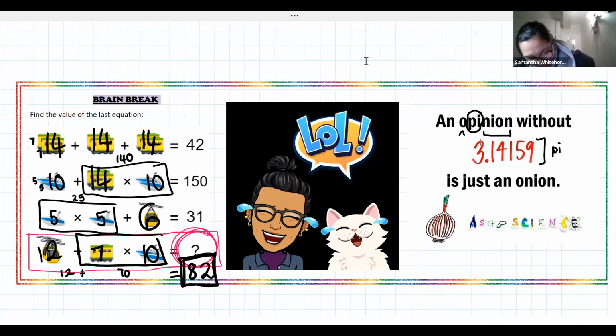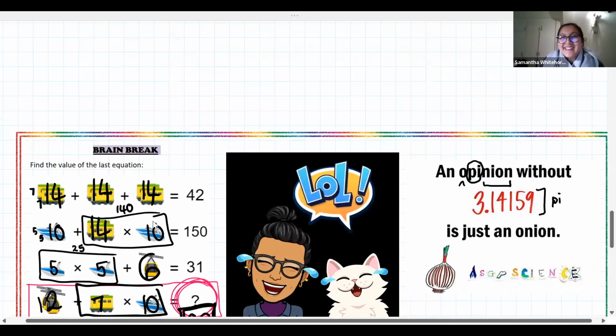It's just an onion. You can see what I spend my spare time doing. I just find math jokes. These jokes are so lame, but in a funny way. You can only get it if you're a geek. So whoever laughed there, it means that, whoa, yeah, you're a part of us.